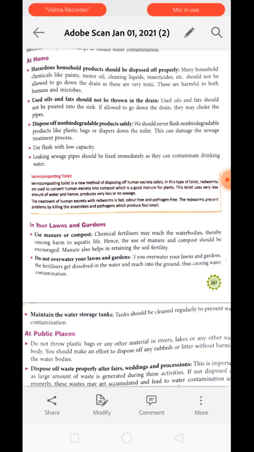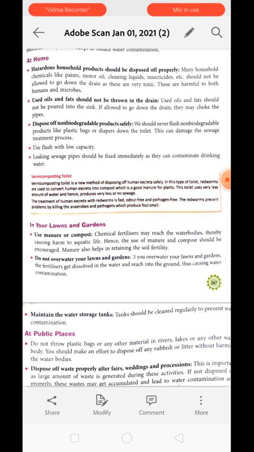First, at home. What can we do at home? Hazardous household products should be disposed of properly. Many household chemicals like paint, motor oil, cleaning liquid, insecticide, etc. should not be allowed to go down into the drain as they are very toxic. Therefore, harmful substances should be avoided being mixed into the water.